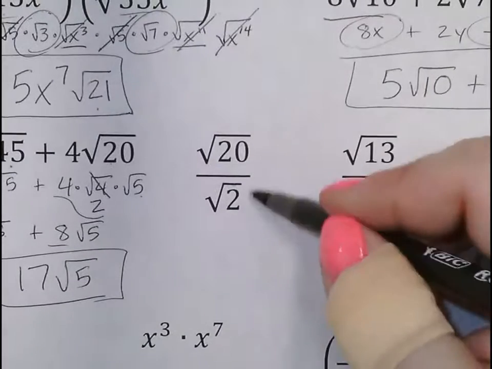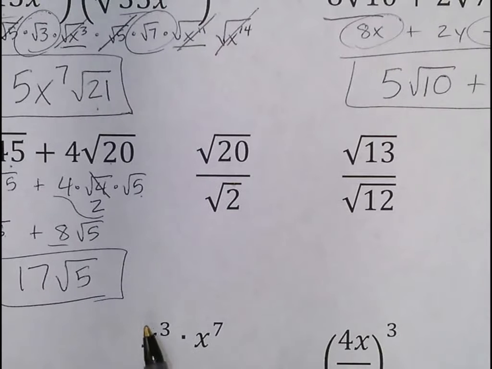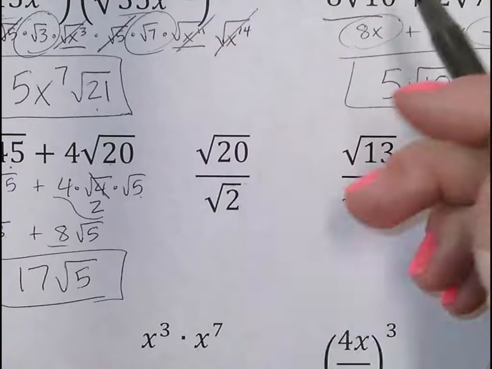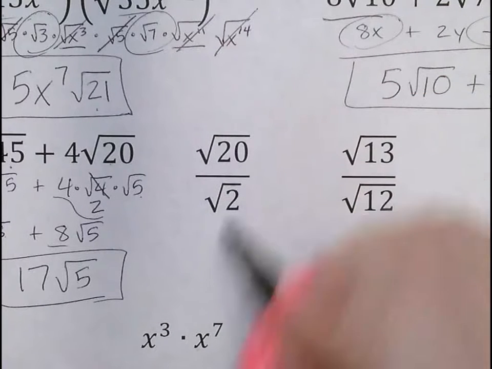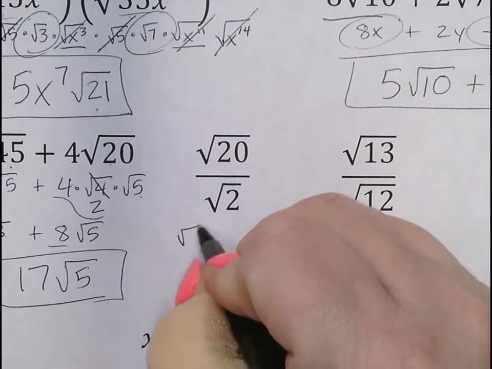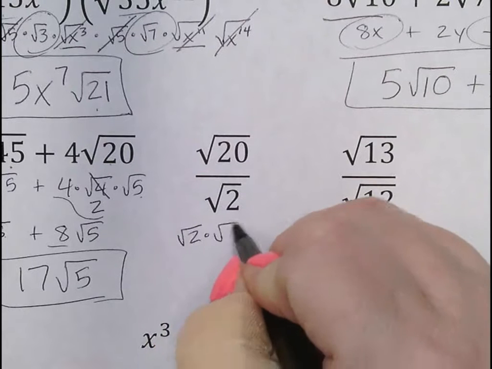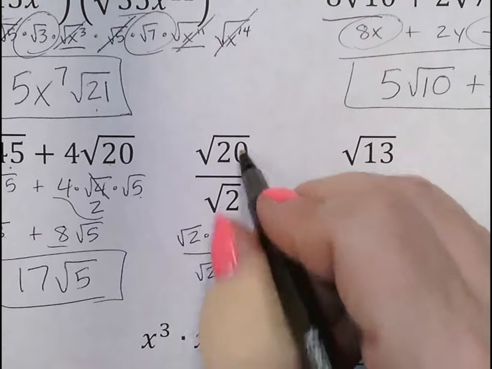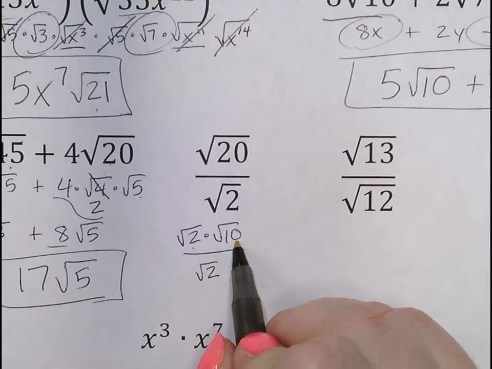Alrighty. When you are looking at a fraction, you should know that we need to rationalize the denominator. However, in this case, it's not going to be a necessary step because the fraction can simplify before we ever get to the rationalizing step. The square root of 20 can be broken down as a 2 and 10. Now, why on earth would I break it down as a 2 and a 10 when 2 and 10 are not squares?